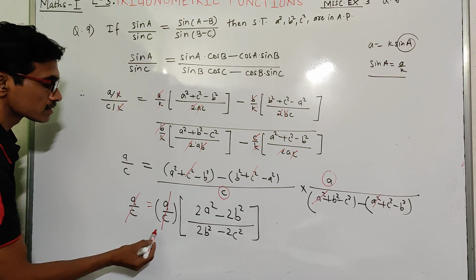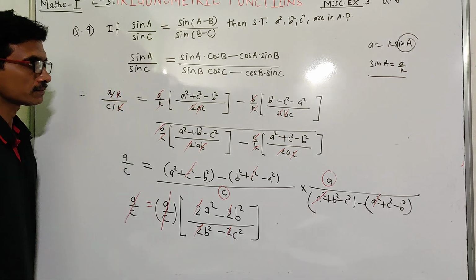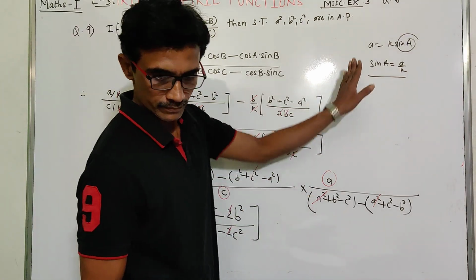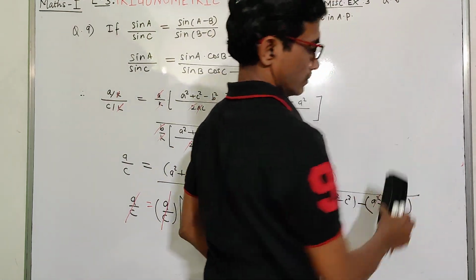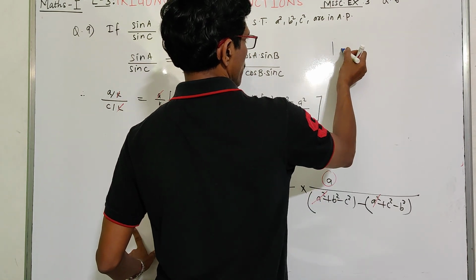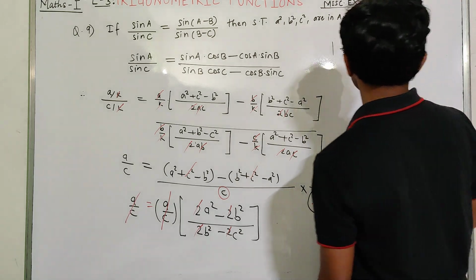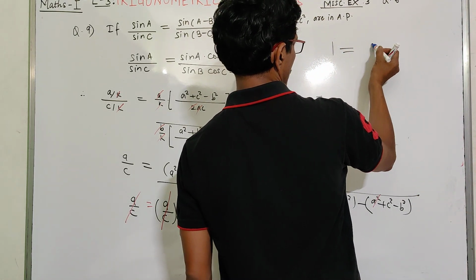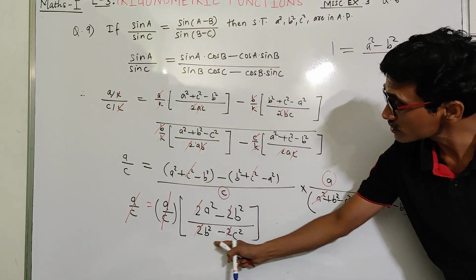This 2 and this 2 will get cancelled. Finally, we'll see what is left in the left hand side. It is 1 upon a square minus b square, and b square minus c square.